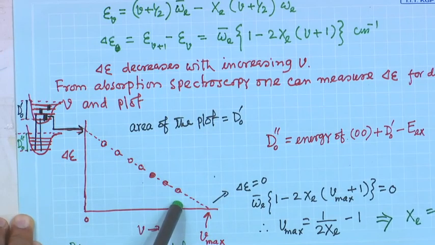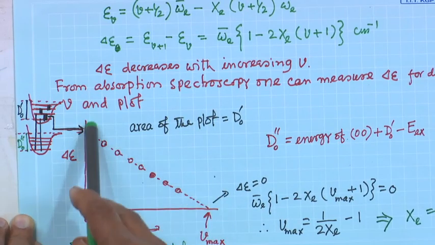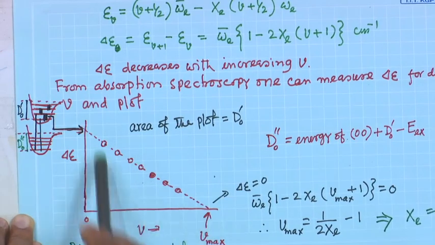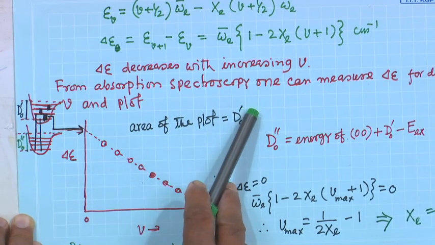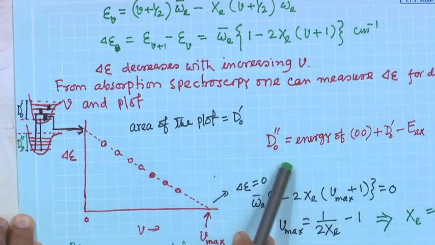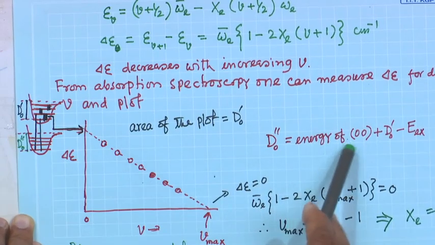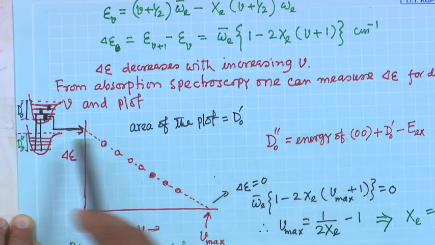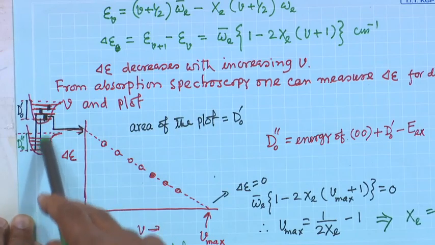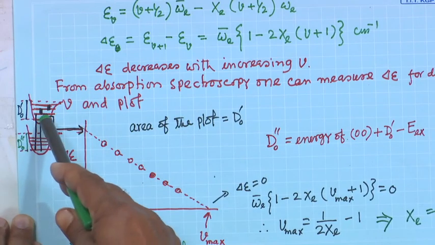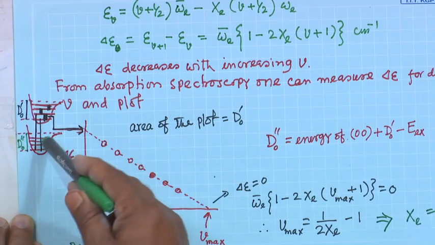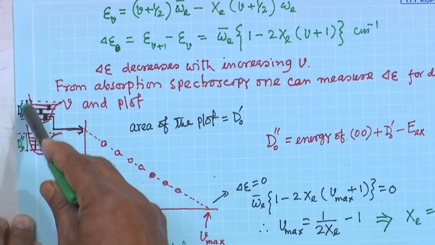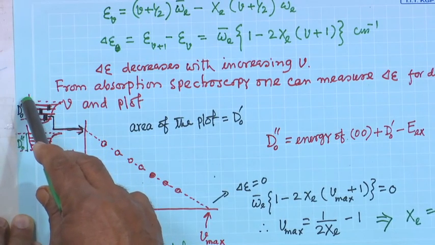So, you plot it, extrapolate it, and then find out the area of this plot, and that is nothing but D0 dash. D0 double dash, as I have shown there, is basically the energy of the 0 state plus D0 dash. So, from here to here and then D0 dash.